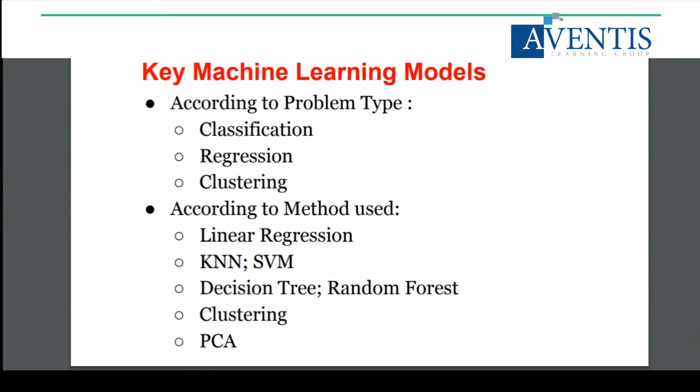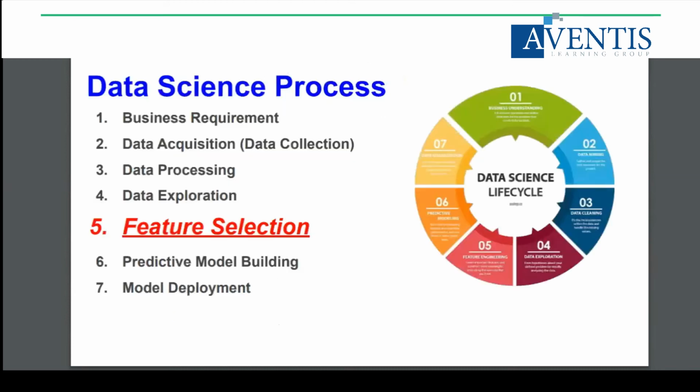For classification, so many different types of classification models are available. It may be KNN, which means k nearest neighbor, support vector machine, decision trees, random forest. Obviously, neural networks are also there, and clustering and PCA for unsupervised learning.